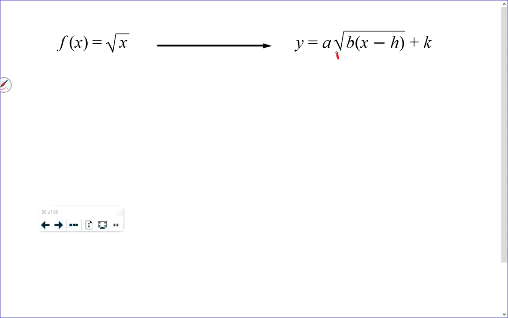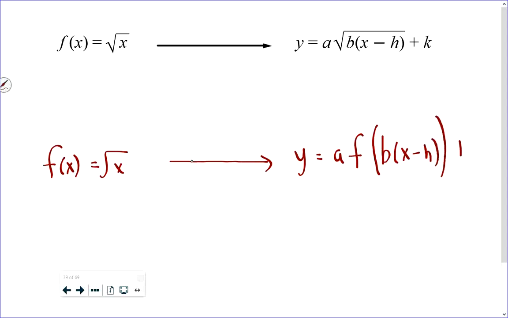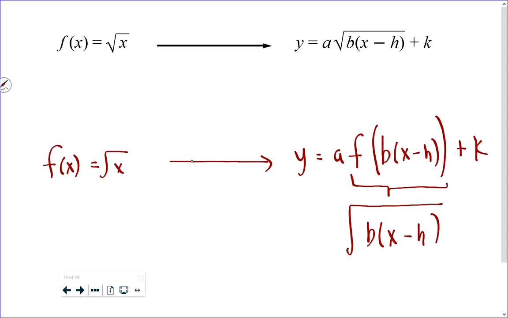Let me write out the function. F of x equals root x. So if I start talking about y equals a f of b bracket x minus h, then plus k, this means the square root of b times x minus h. Why does that mean the square root of b times x minus h?